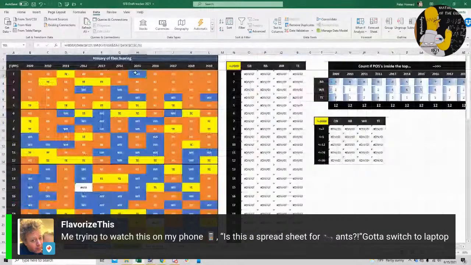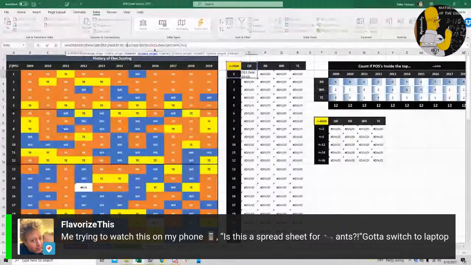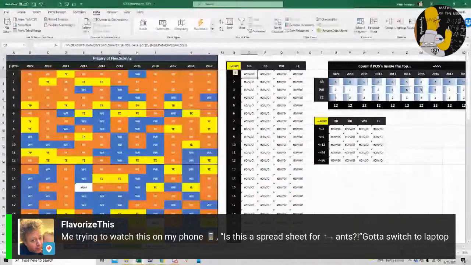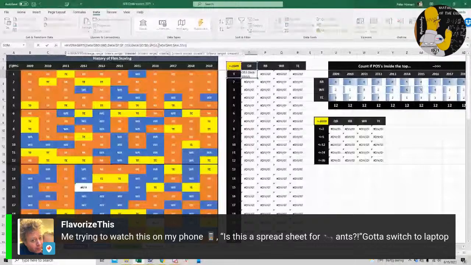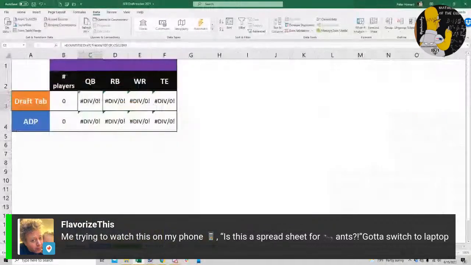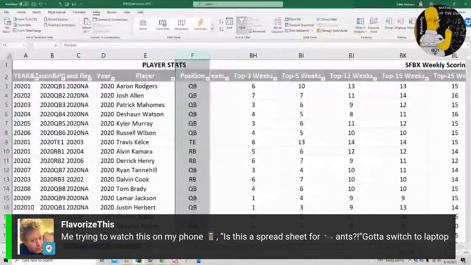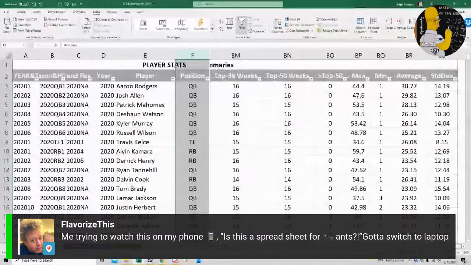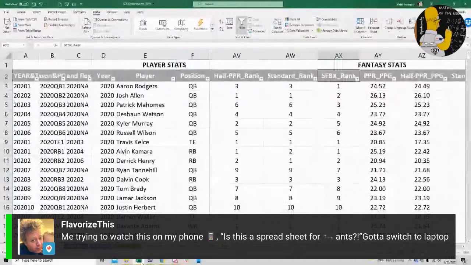Uh-oh. Looking up position in F. Yep. Rank in AX. That's probably what it is. Oh, I also need to update that. All right.